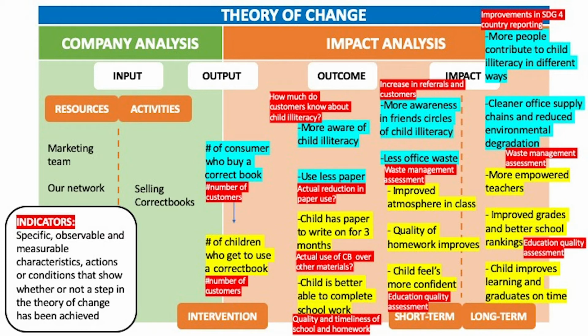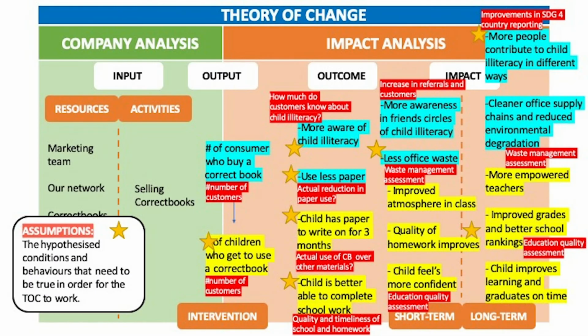And as we move along the theory of change, we see that we can conduct a variety of assessments to assess, for example, whether there's less waste produced as a result of the use of CorrectBook, to see if more and more customers are becoming aware of child literacy, and to set certain measurements in place to see if educational quality is increasing over time.